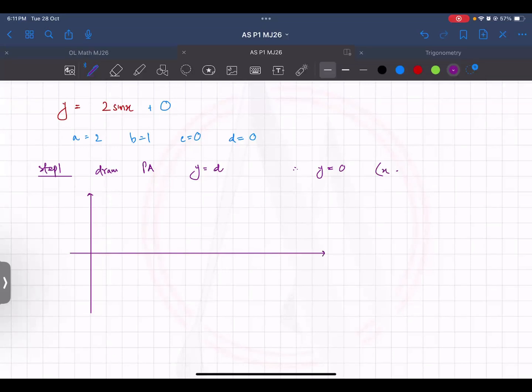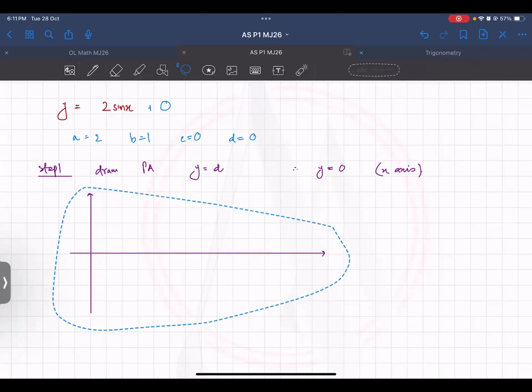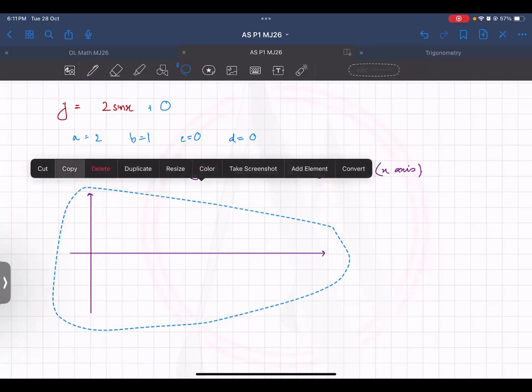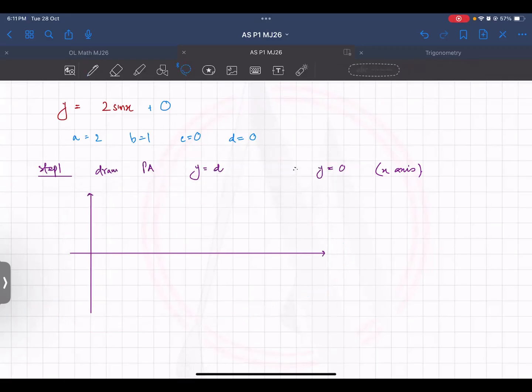So the x-axis is your principal axis right now. I will draw it as a dotted line. We can see this is your principal axis, mean line, y is equals to 0.